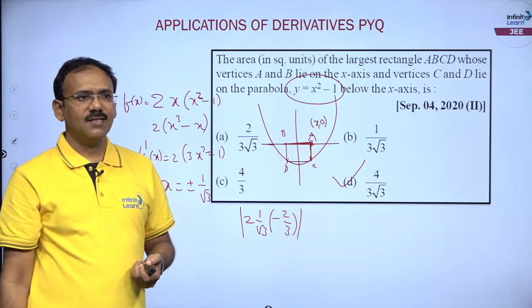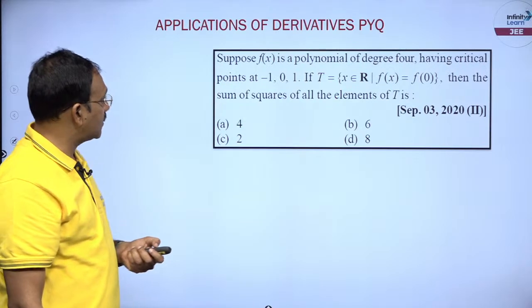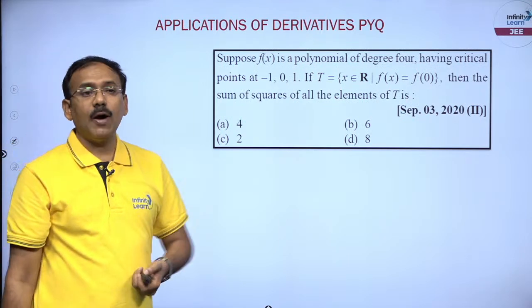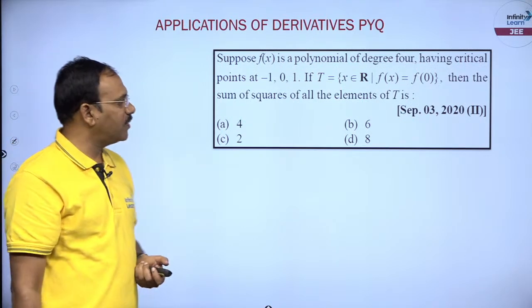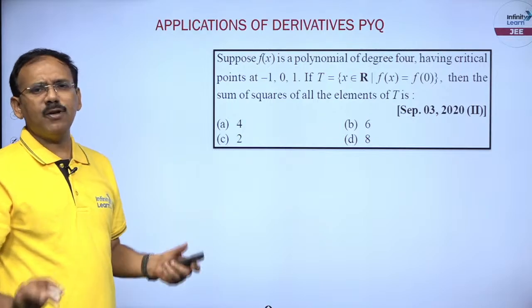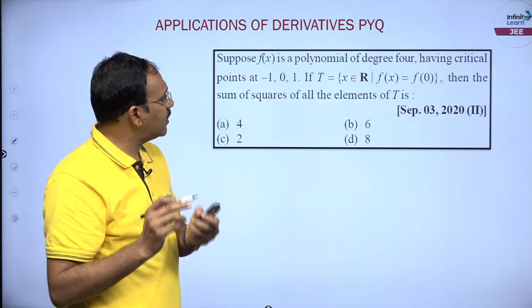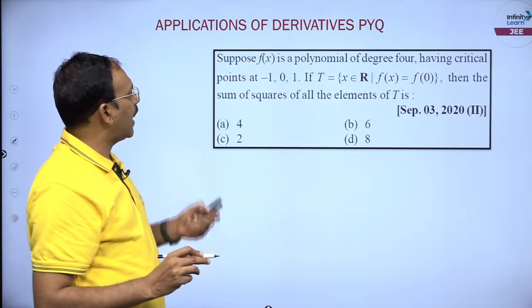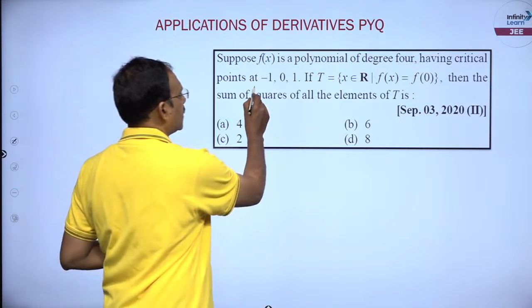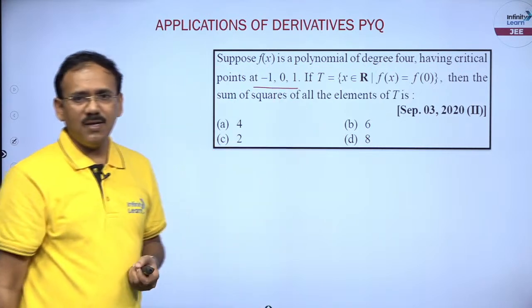Okay, dear students, fine. The next, you see this question, polynomials related questions are also being given very frequently, simple questions these are. You see friends, f of x is a polynomial of degree 4 having critical points at minus 1, 0, 1. What does it mean?